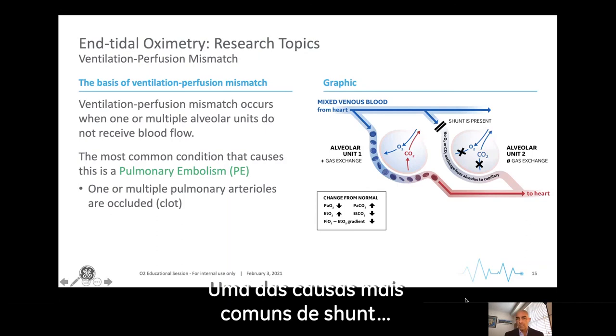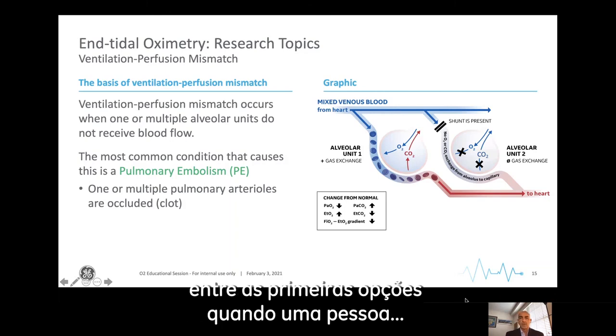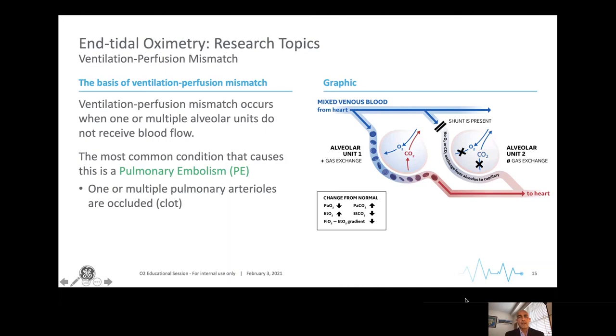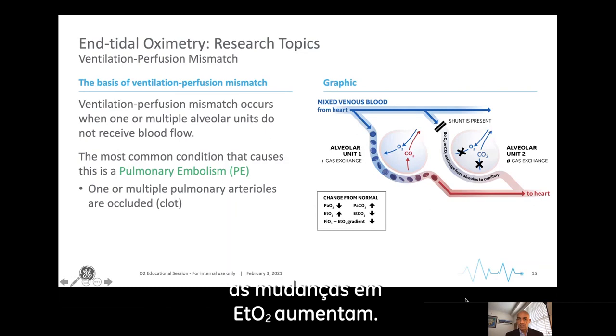One of the most common conditions that causes a shunt is pulmonary embolism. There are others, but pulmonary embolism is certainly front and center for people who are concerned about chest pain and shortness of breath. What you see in the graphic is that in the presence of a shunt, the end-tidal oxygen will increase.